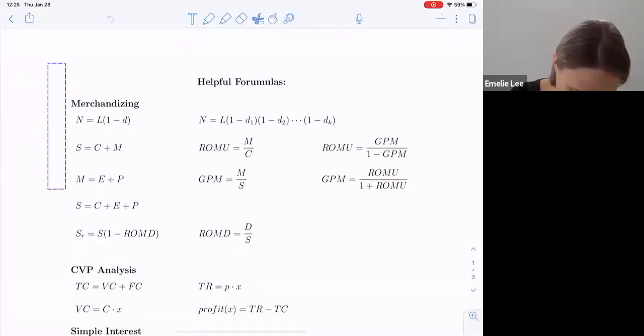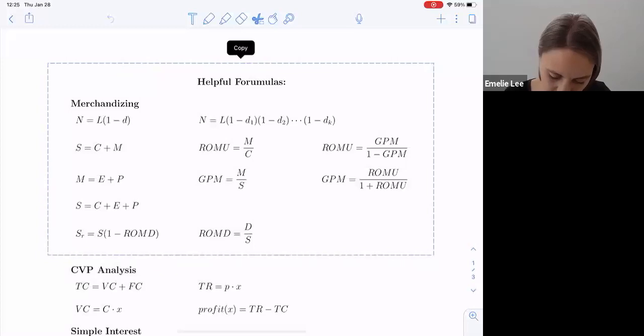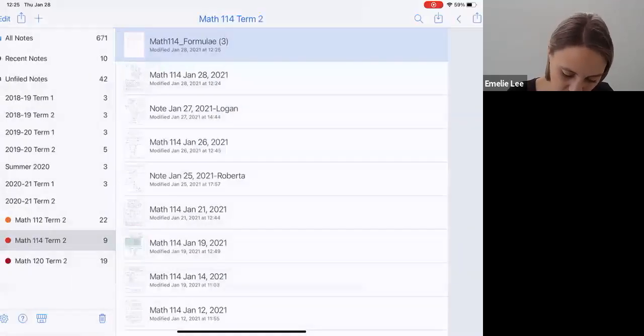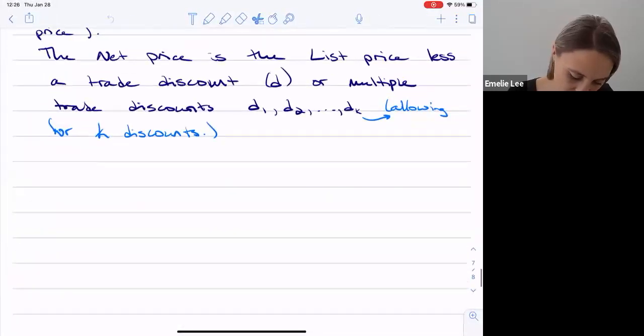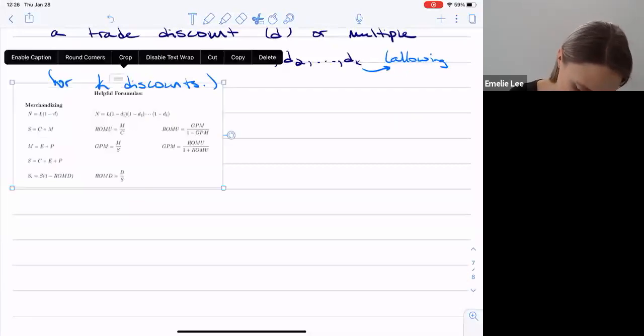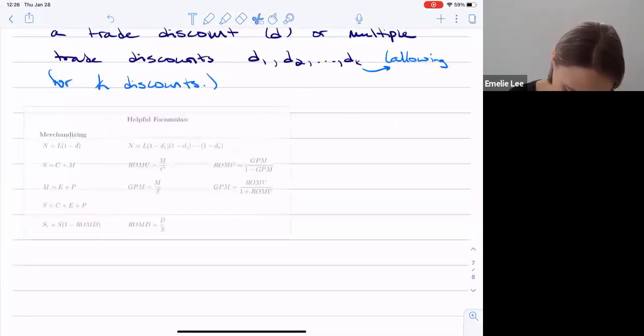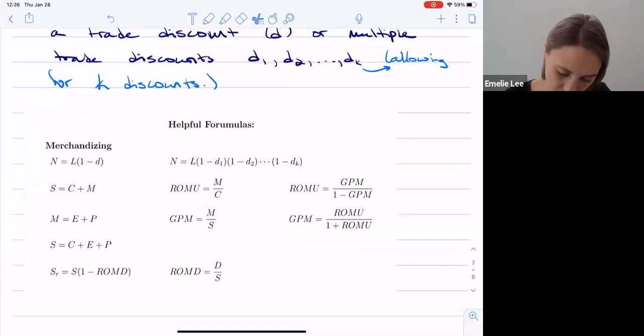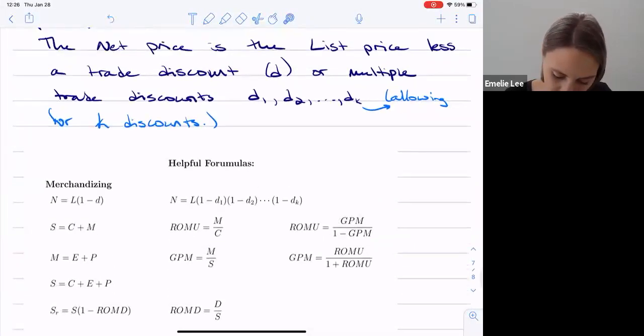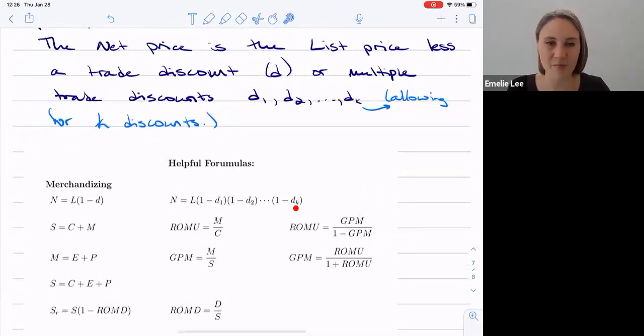From our formula sheet, we're in the merchandising section, and using K does match what I was doing here.